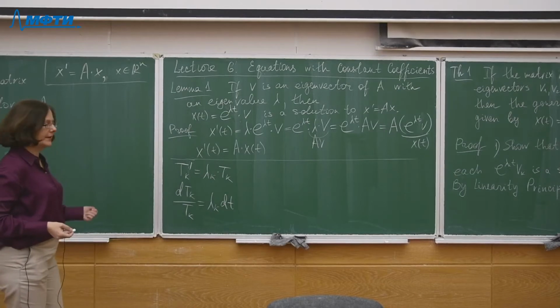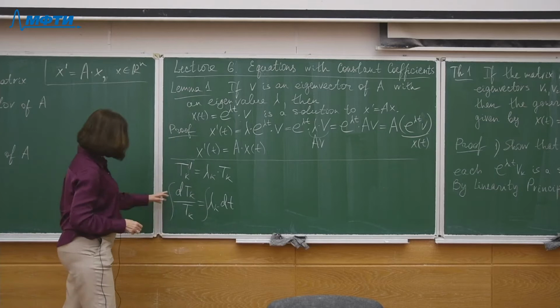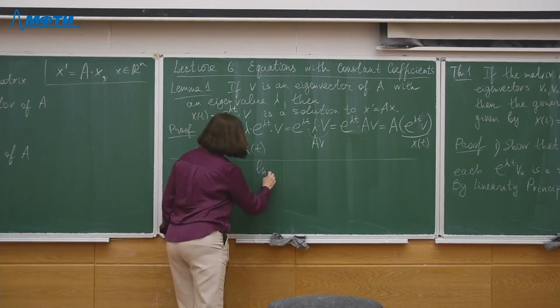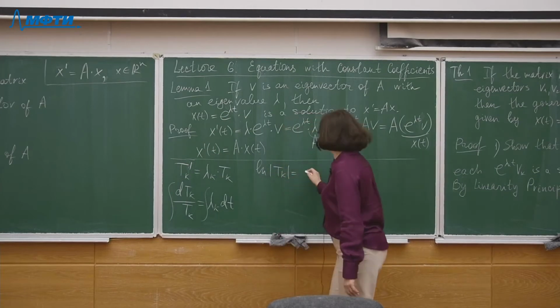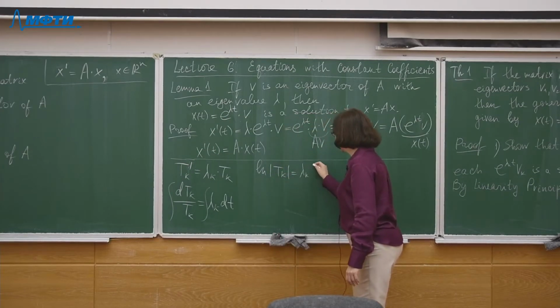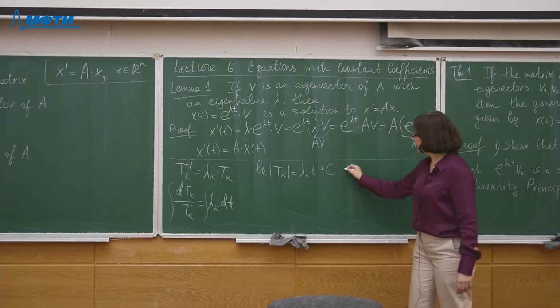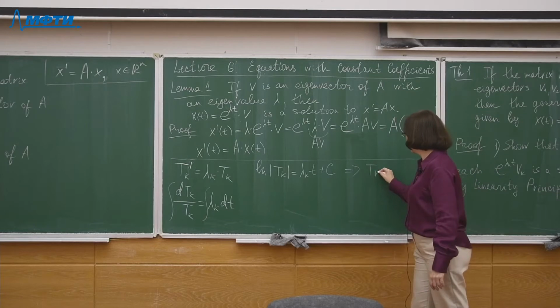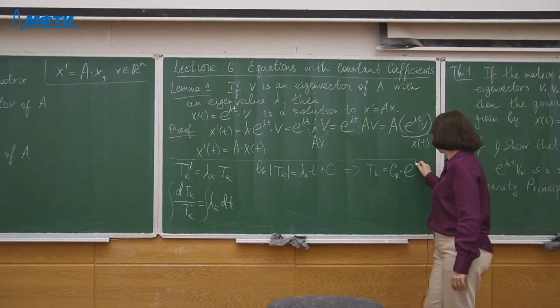We have separated variables, then integrate both parts. Then we get that the logarithm of the absolute value of tk equals lambda kt plus c, from which it follows that tk can be represented as ck times e to the power lambda kt.